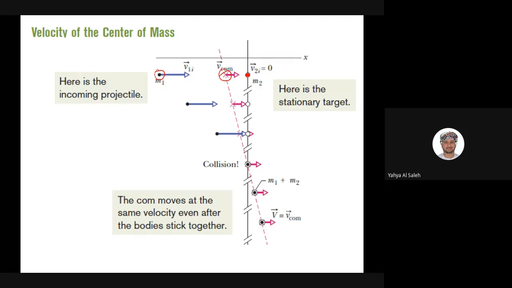The center of mass of two bodies moves at the same velocity, both before and after the two bodies stick together. Now, I know I'm giving you a lot of information, but we'll do a lot of examples on them in a bit. Just bear with me.